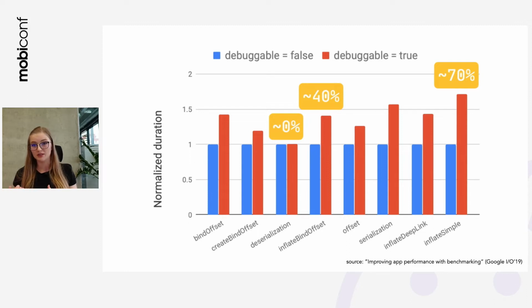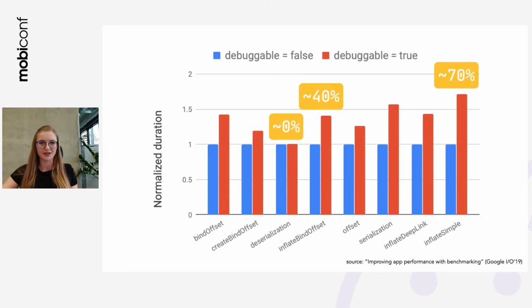But for some other methods, the performance difference can be even 40 or 70%. So that's why results that we achieve measuring app performance in the debug version may sometimes be a bit misleading, because as a result, we may spend a lot of time optimizing code that will be optimized automatically by R8 or ProGuard anyway.